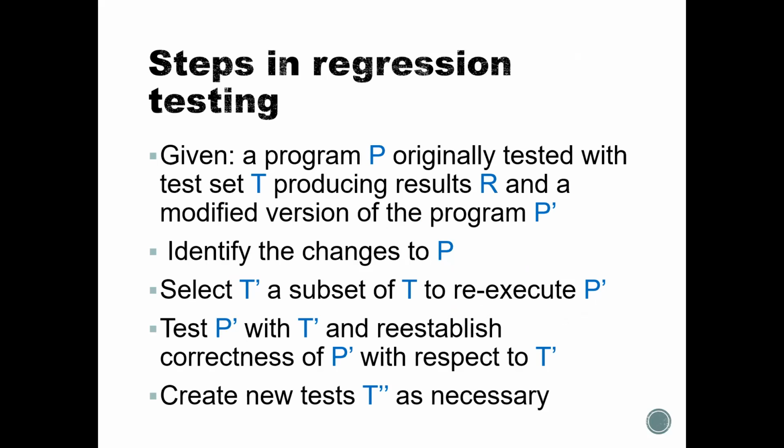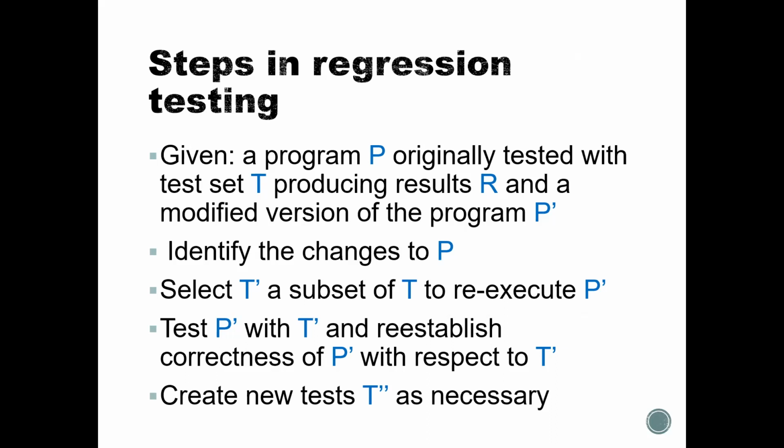If I talk about the steps that you saw previously, I have just written those steps in sentences. For example, we will always be given a program P, which is tested on T, which produces certain results R. And you will be given a modified version of the program, P dash.